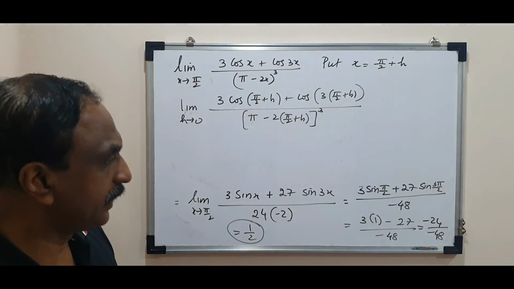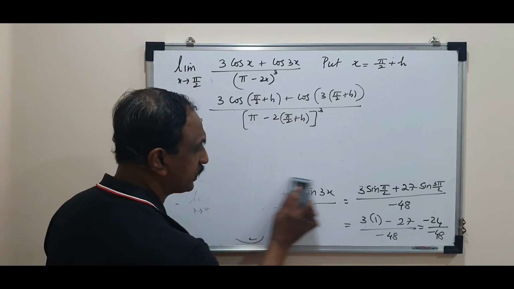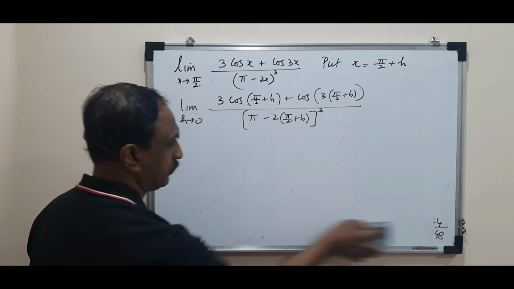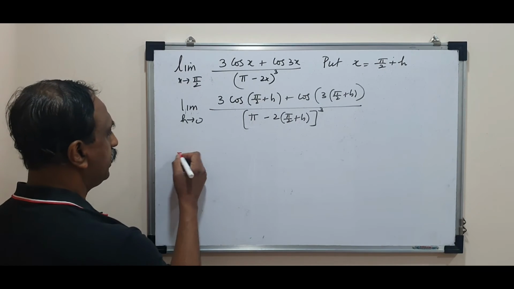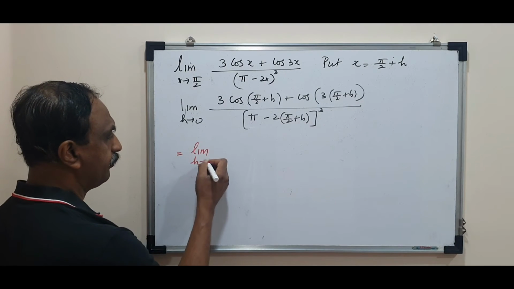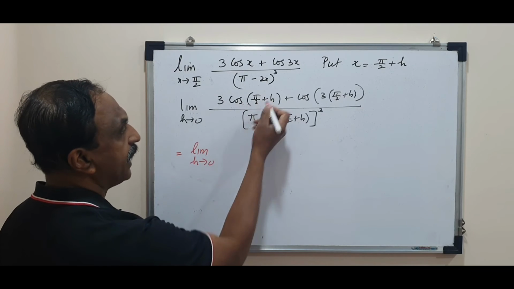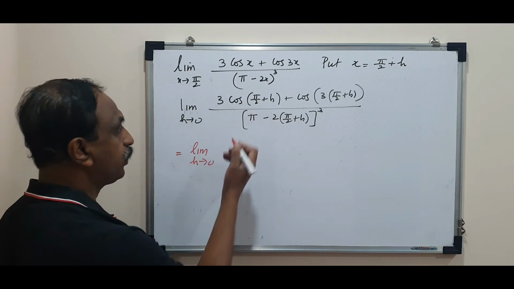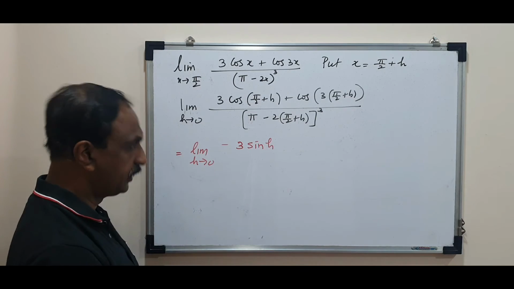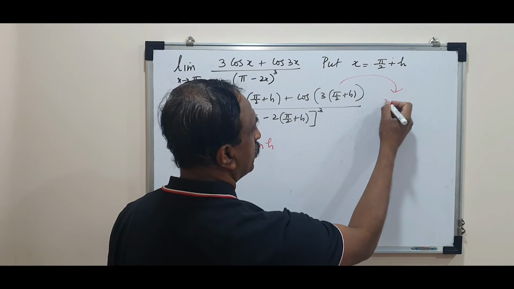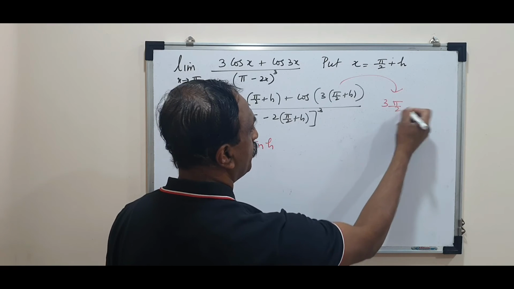Now let's have a look at each one of them. What will this turn to be? This is limit h tending to 0. Cos 90 plus theta, that comes in second quadrant, so minus 3 sin h. This will become 3 into pi by 2 plus 3h.